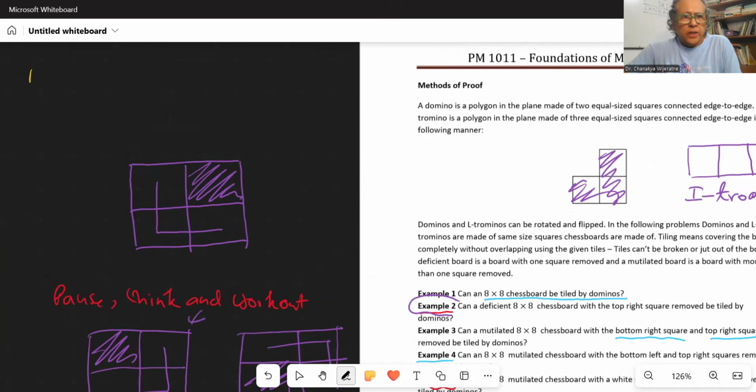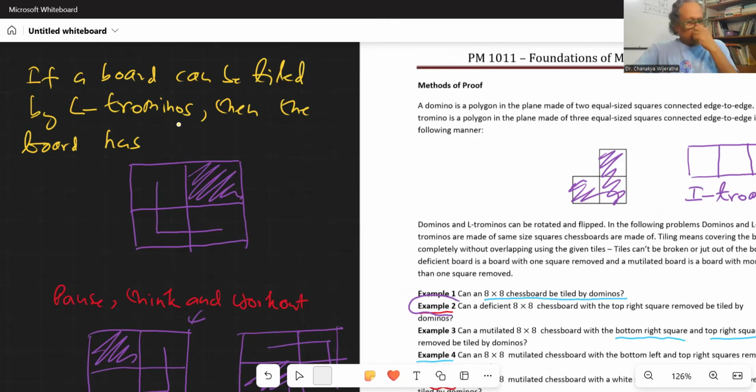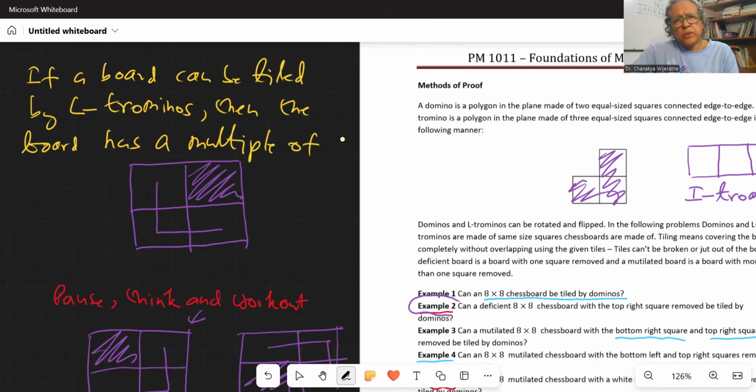If a board can be tiled by L dominoes, then the board has a multiple of 3 squares, right?